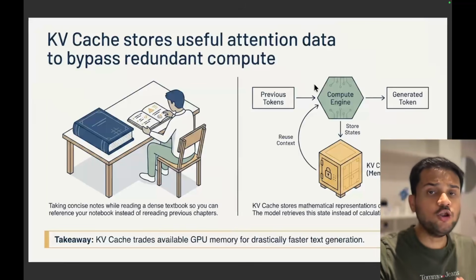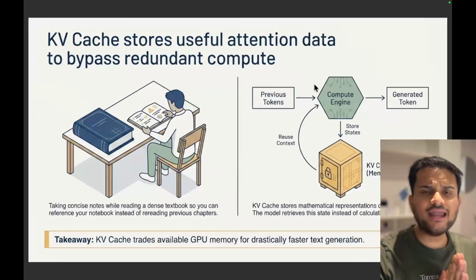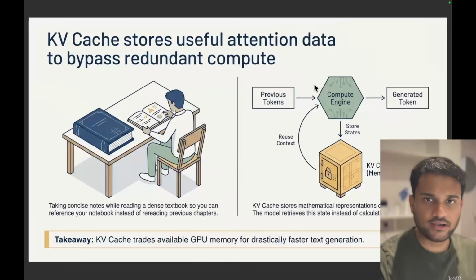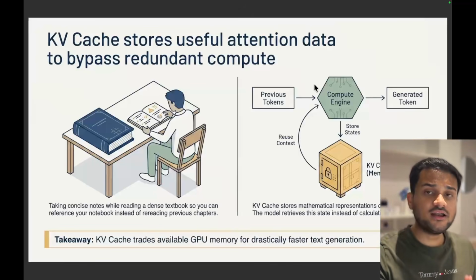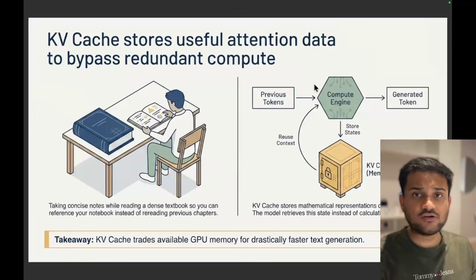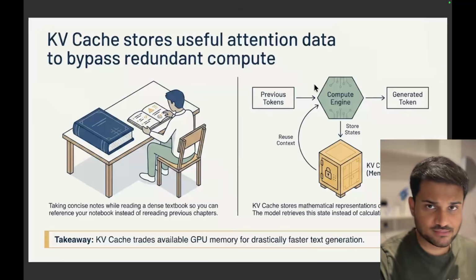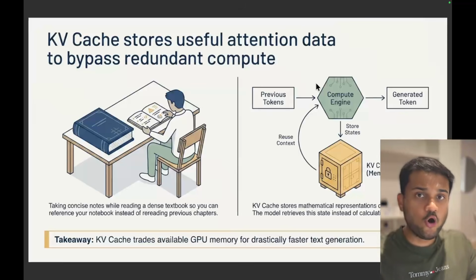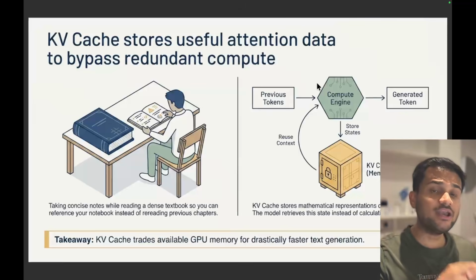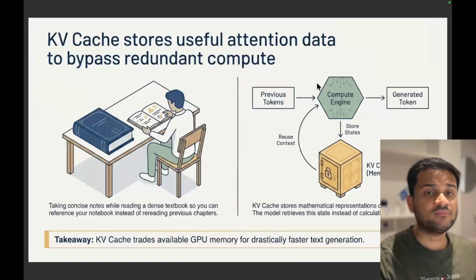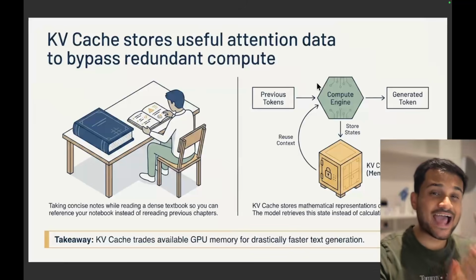All of the LLMs that you are seeing are nothing but neural networks built on top of the transformer architecture, and in the transformer architecture, the most important calculation is the attention mechanism calculation, right? So for all the tokens, if you have already done the computation once, instead of redoing all of that computation, we are going to just cache it all together.